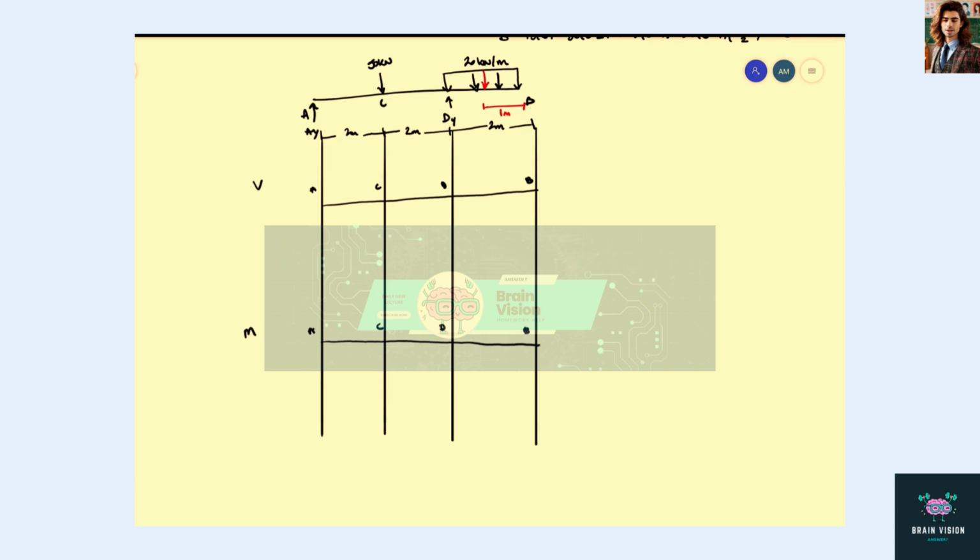So we're just plotting the values that we had found, right? So we started with 0, and then we went up to 15, constant up to C, and then we went down to negative 35, and that's constant till we go back up, and we go to 40, and we return back to 0.